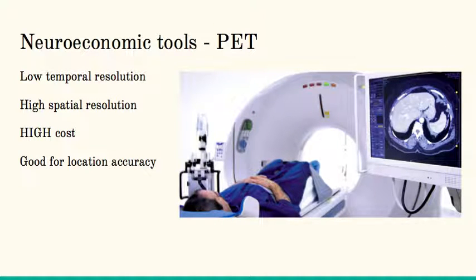Another tool of the neuroscientist toolkit is the PET, the positron emission telemetry. You put a tracer into the bloodstream of a patient, and it is a radioactive tracer.